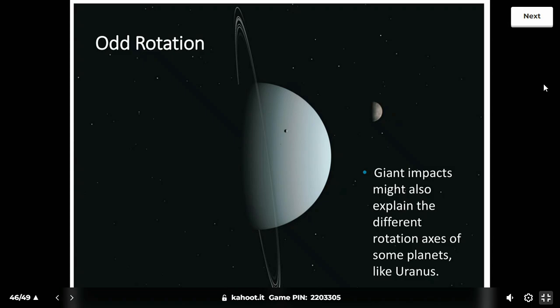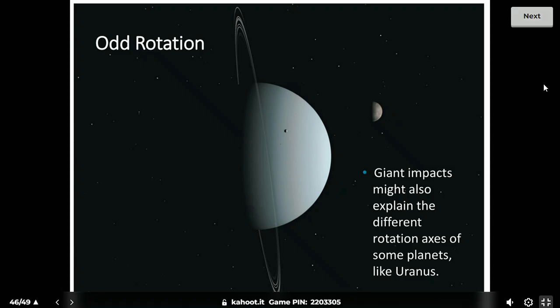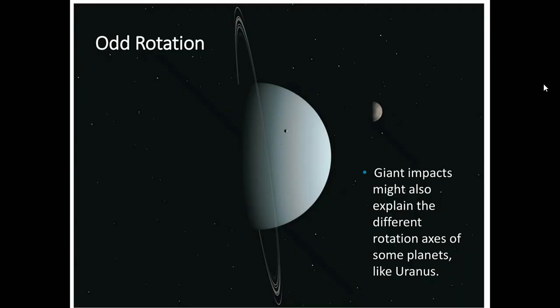These giant impacts also might explain some of the weird axial tilts and rotations that we see. If something really big hit the planet Uranus, if it was rotating on its axis more or less up and down, you could imagine it basically knocking the planet over and causing it to rotate at almost a 90-degree angle.